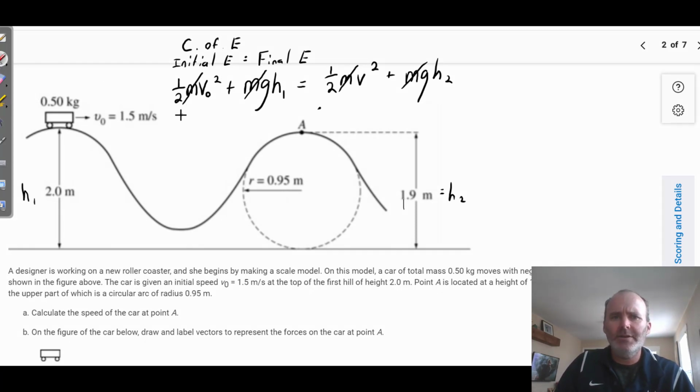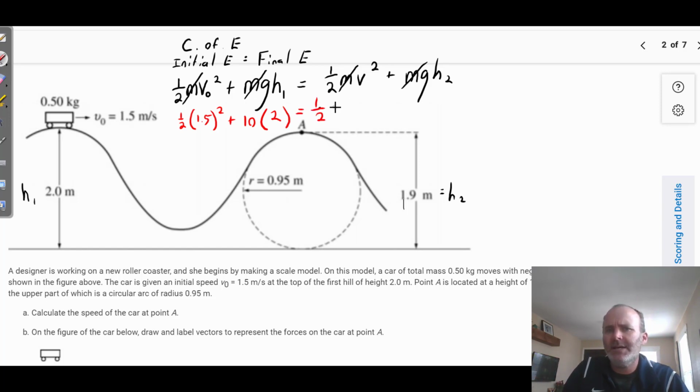But so here we have 1/2 times v0, so 1.5 squared, plus g is 10 times h1 is 2, equal to 1/2 times our v, that's what we're looking for, v squared, plus g is 10 times h2 is 1.9.